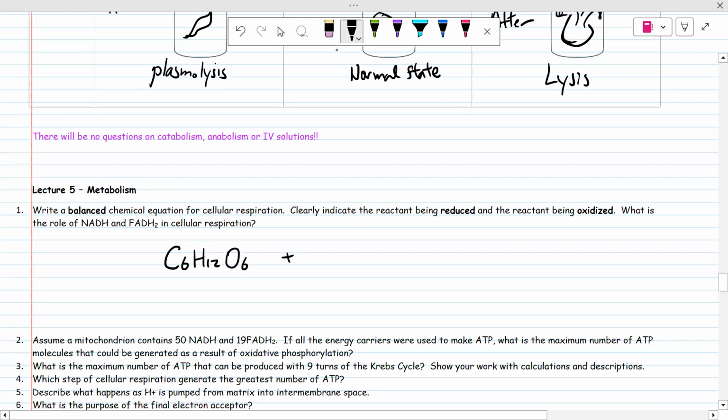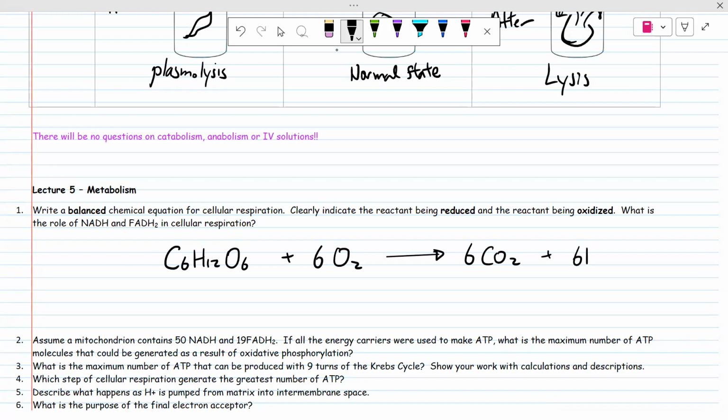So glucose plus 6 O2. What does that produce? 6 carbon dioxide, 6 water, and don't forget the ATP.